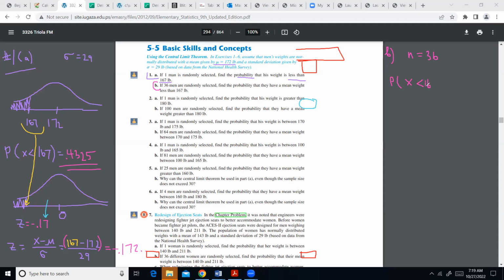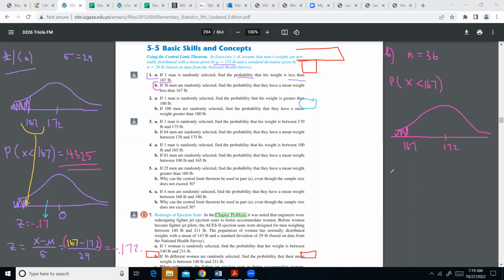You may ask, how can 36 people weigh 167? Well, they're talking about their average weight. So it is a little bit different, even though the picture is going to look the same. So it's 167 or less, and the mean is 172.